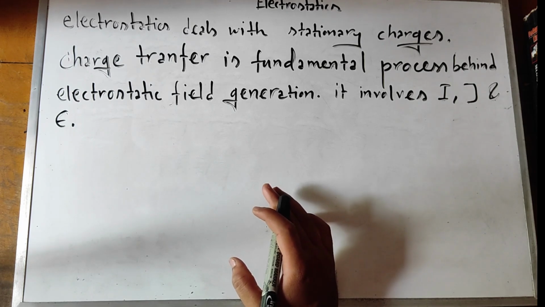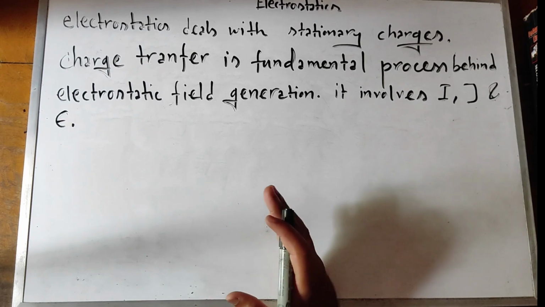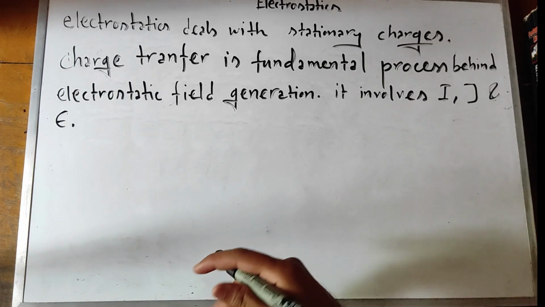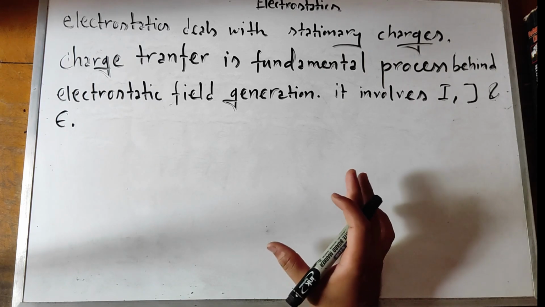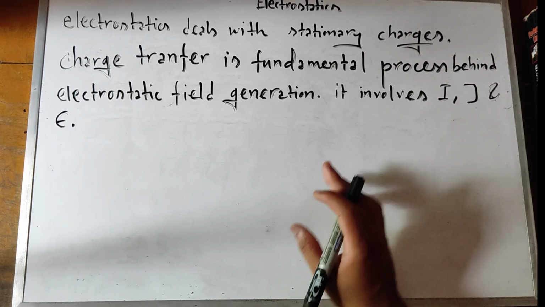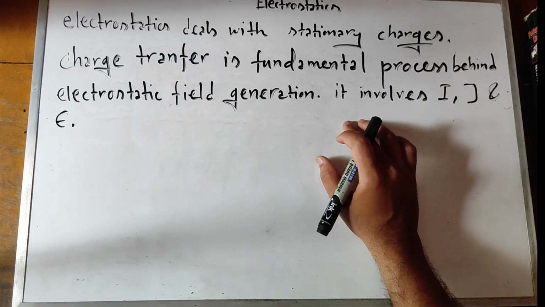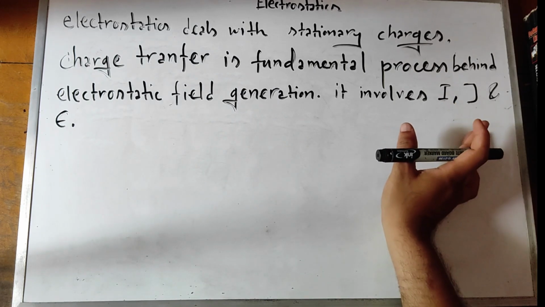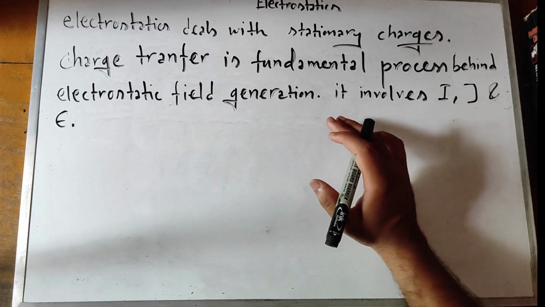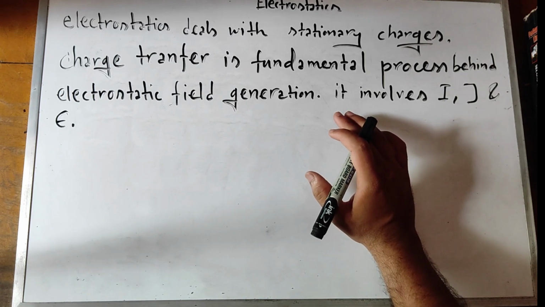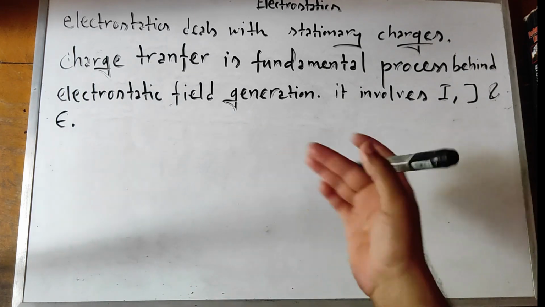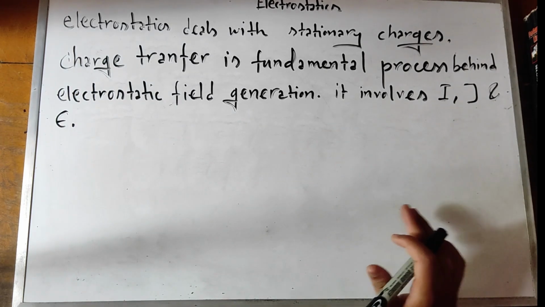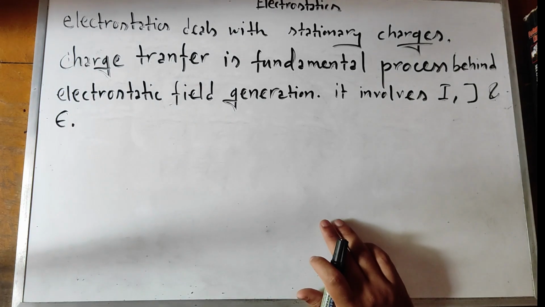Also when electrons are stationary, they act as sinks of electric field or flux. So charge transfer itself involves current density and epsilon, which is the material interaction, how we quantify that interaction, the permittivity of the material.